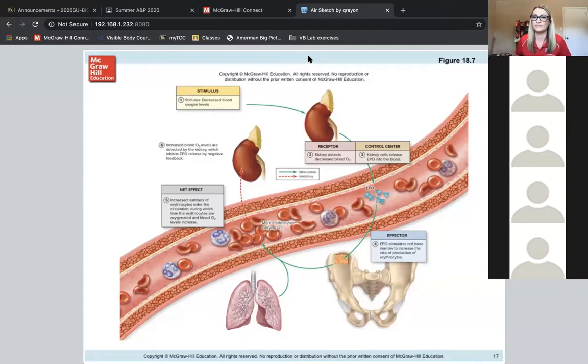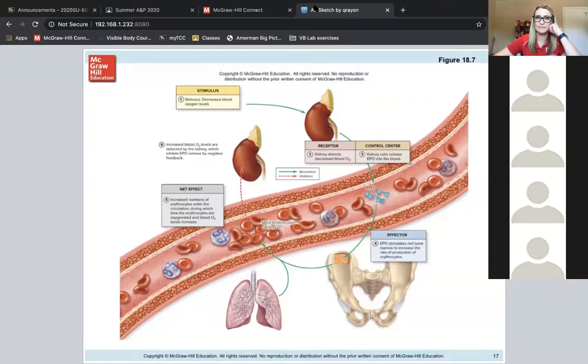And then I'll make one on blood clotting or hemostasis. That way you're not watching a really long video. Okay, so I'm going to stop with chapter 18 here, and the rest is going to be on another recording.